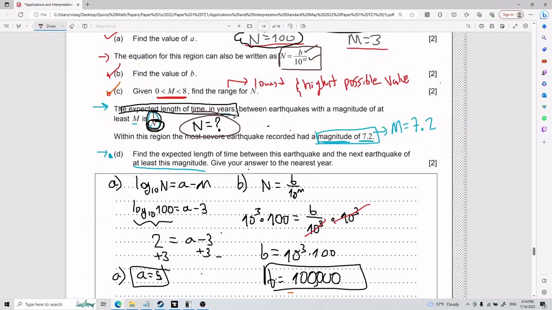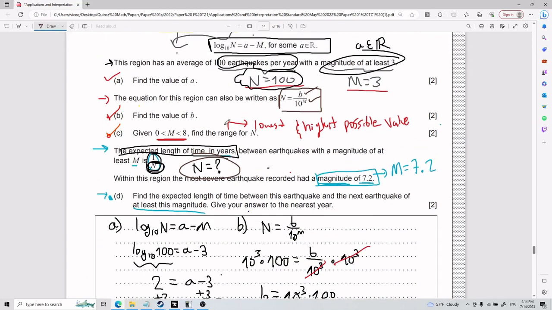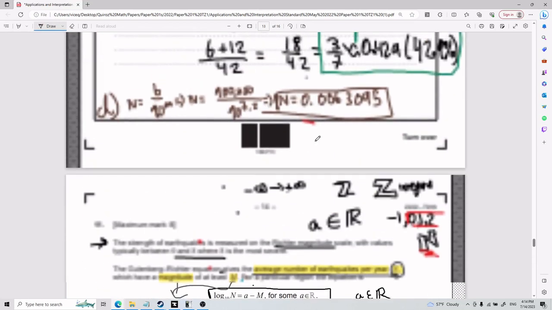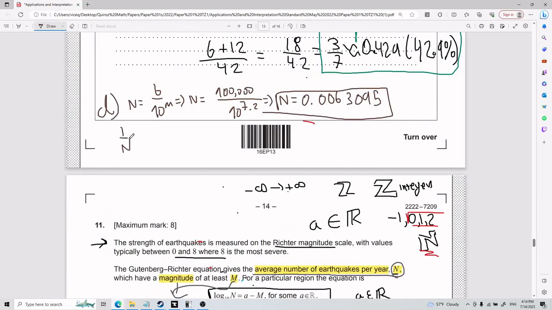Now, we said that the expected length of time in years between earthquakes with a magnitude of at least m is 1 over n. So I need to plug in 1 over n. We just found out what n was, so 1 over n is going to be 1 over this big number.